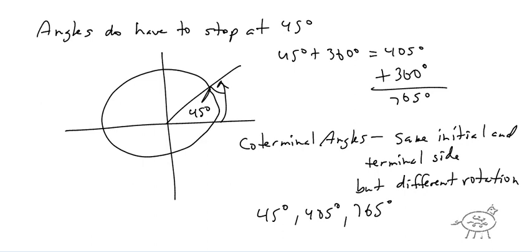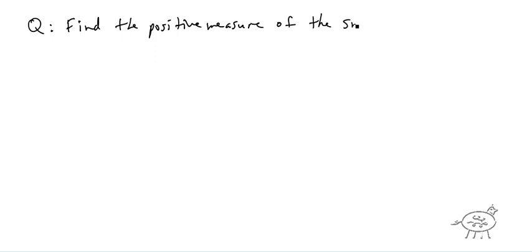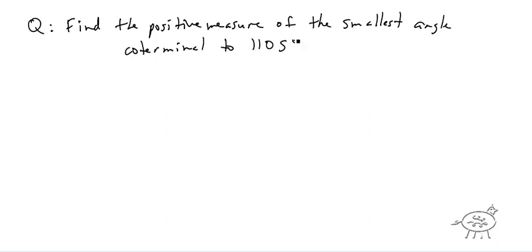Okay, so here, let's do an example now. Here's the question: find the positive measure of the smallest angle coterminal to 1105 degrees.